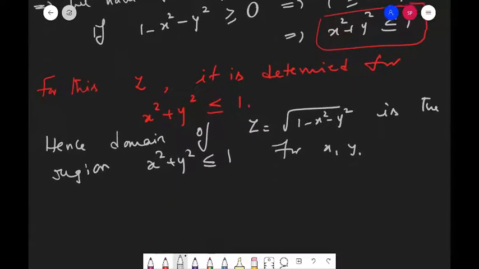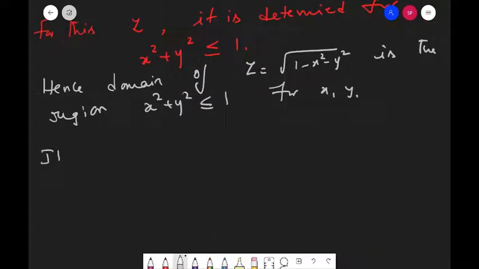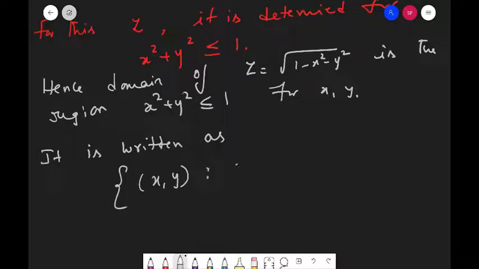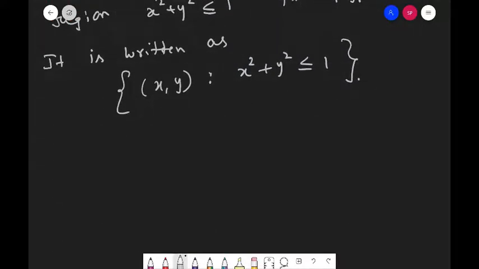This is written as the set containing all the points x comma y such that x square plus y square is less than or equal to 1.